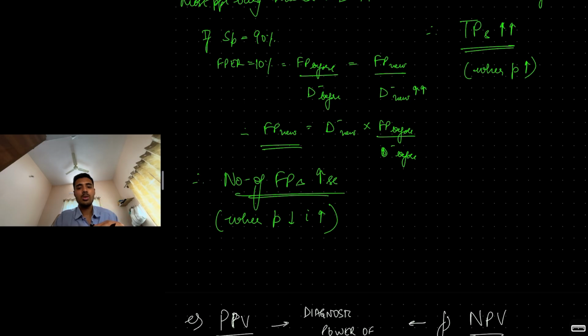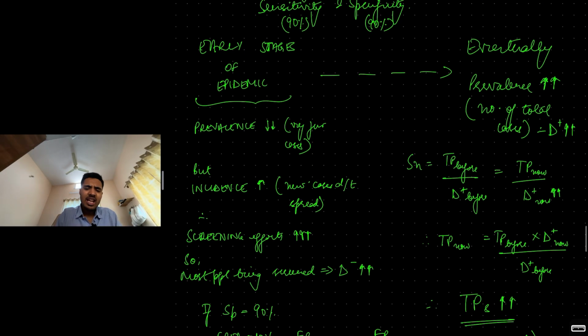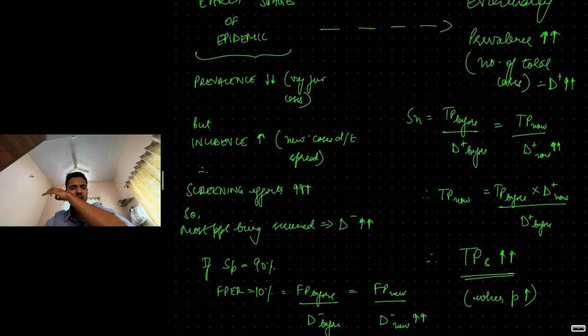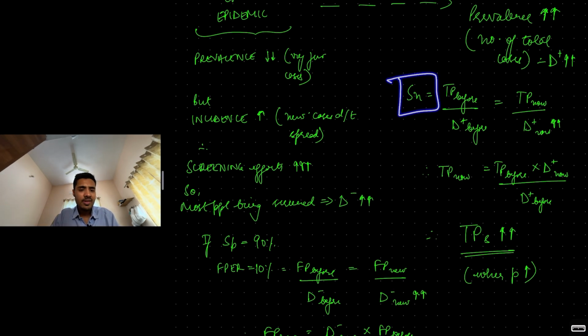Understood? But eventually what happens, epidemic spreads everywhere, prevalence becomes high. So the total number of cases becomes high. Screening efforts are still high because it is an epidemic. So now what happens, you're testing everywhere, all of them have disease. So the number of disease cases are increasing because the prevalence is high. And sensitivity is fixed. What is sensitivity? True positive divided by those who have the disease population.